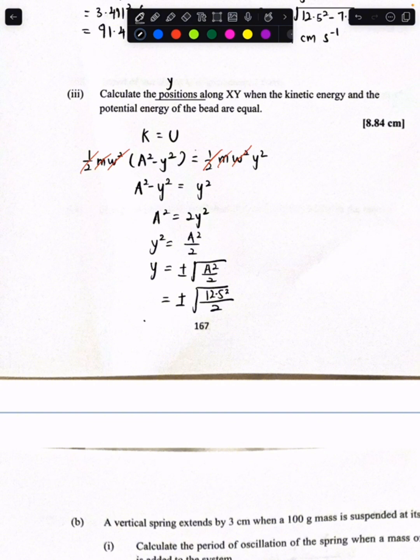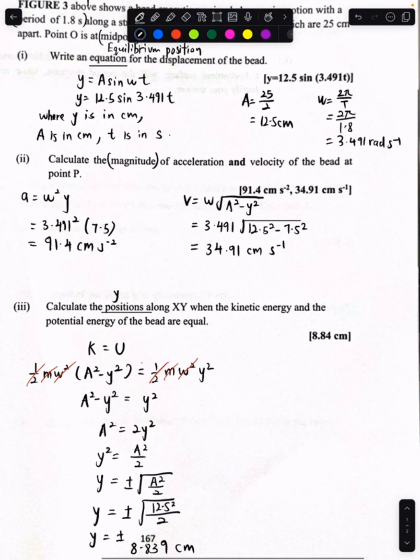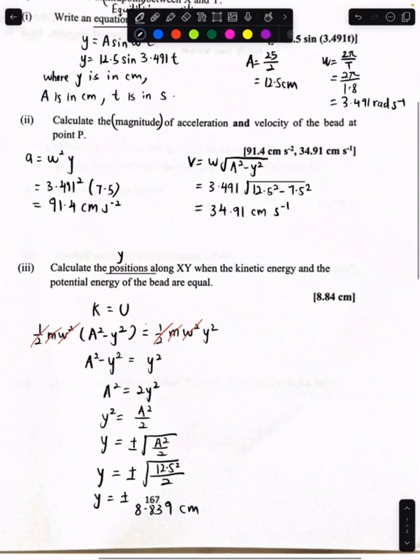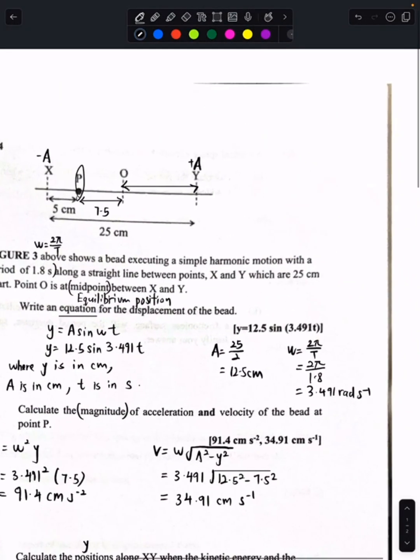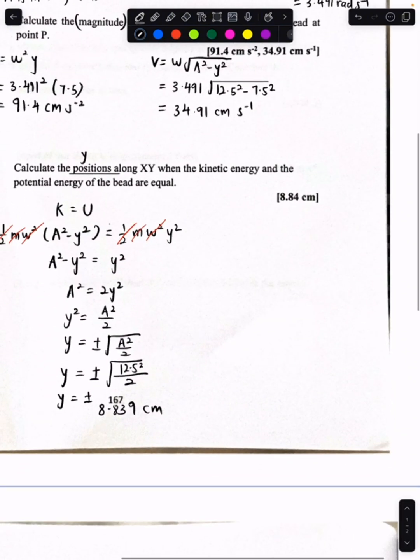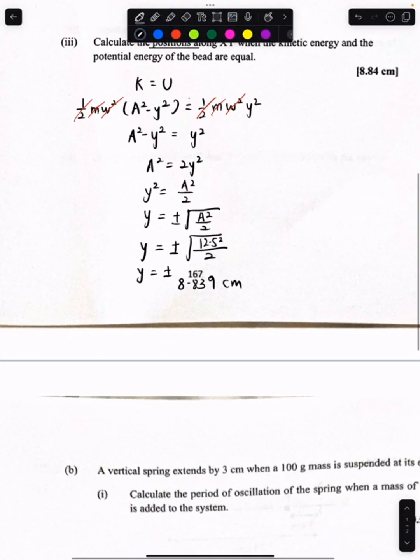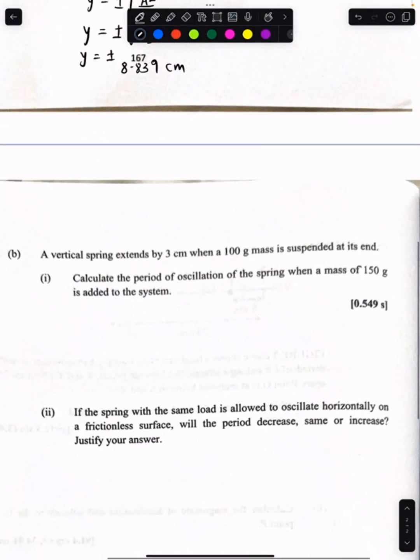It's actually y equals plus or minus 8.839 cm, in centimeters. So the positions where the kinetic energy and potential energy are the same are around here and here, which is 8.839 centimeters. Okay, so now we just go to the next question.